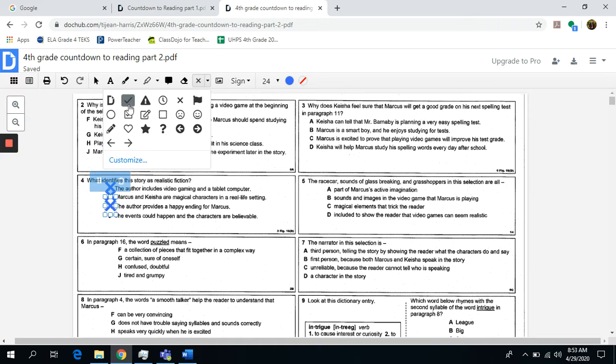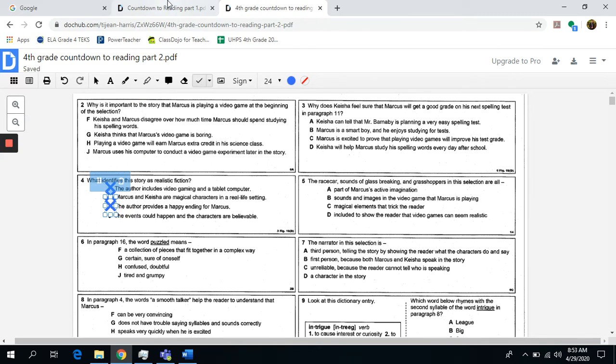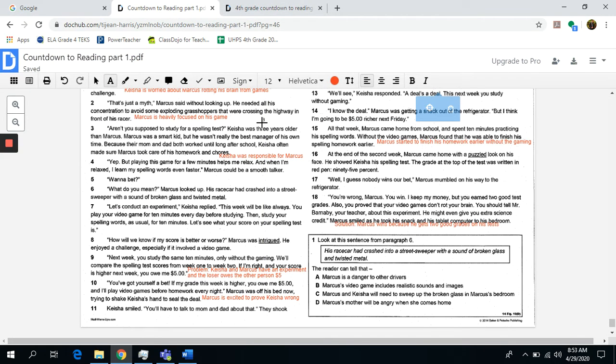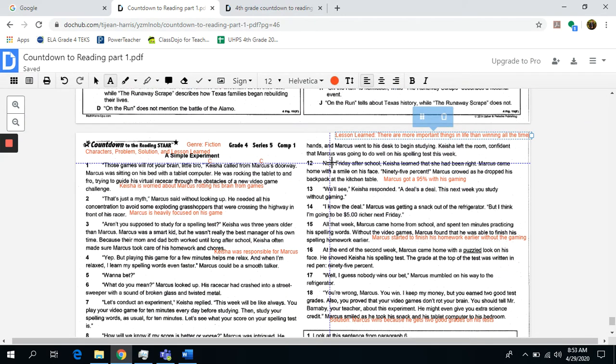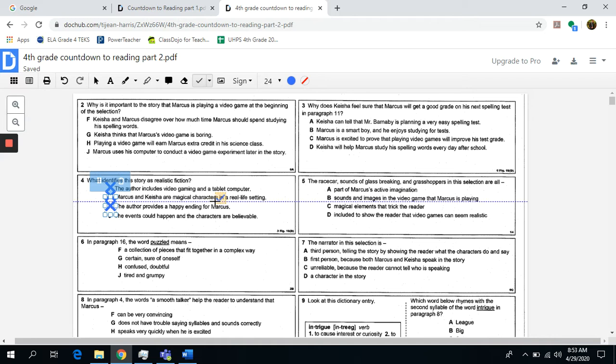This is the best answer because, as the answer states, all of the things that occur in the text could actually happen in real life. You could actually run this experiment with your family and learn whether or not video games rot your brain or not. So the events could happen and the characters are believable. Put a check next to that.